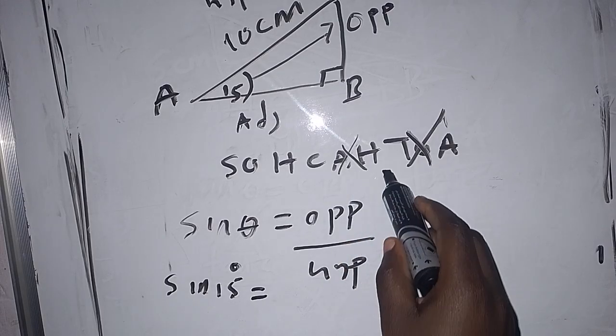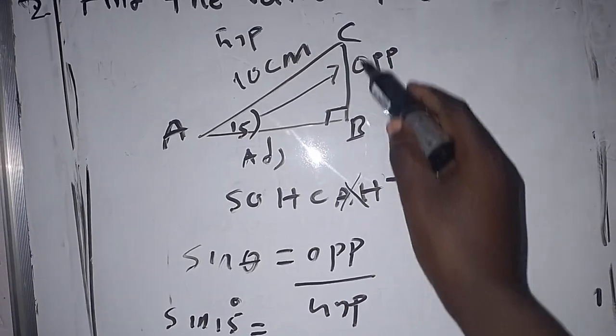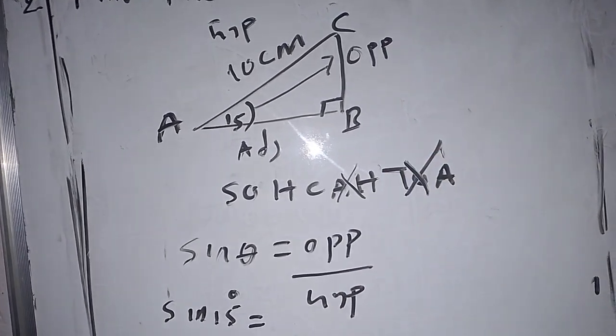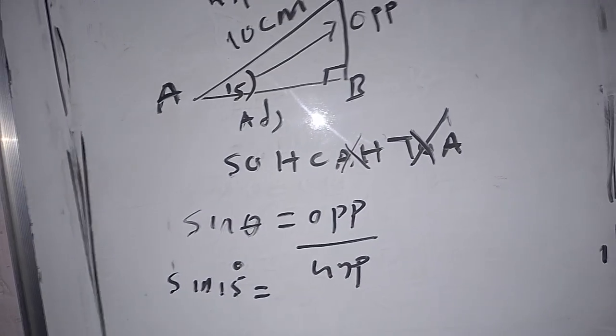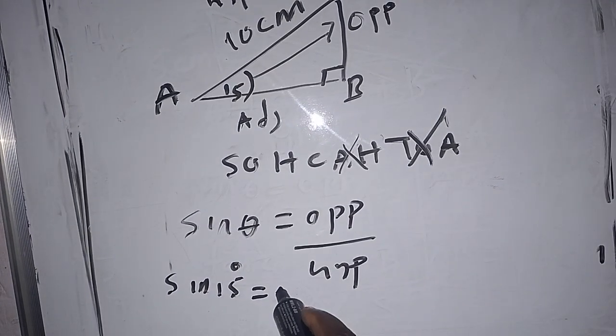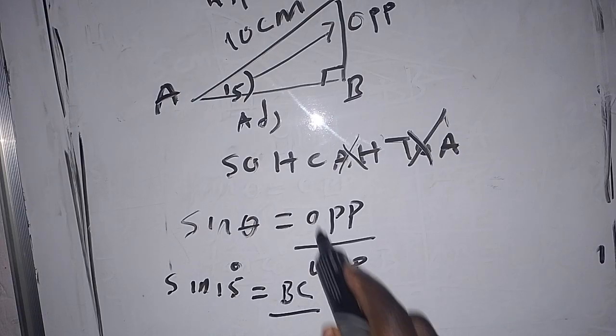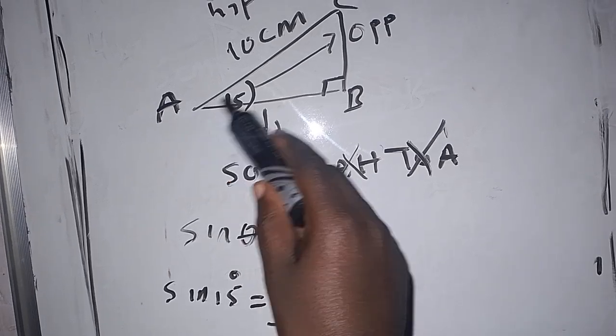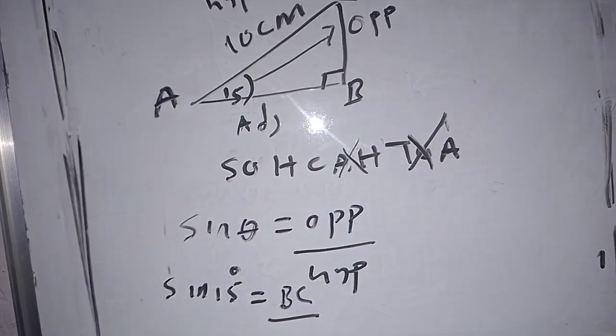then equals to opposite. So the opposite, it is the side here, as you can see, BC, it is the side that we want to find. So we are going to put BC here. So we are going to say our opposite is BC, then we divide with the hypotenuse. Hypotenuse, the longest length given is 10 centimeters.